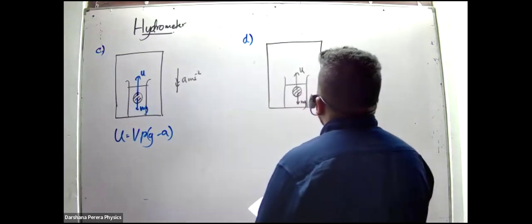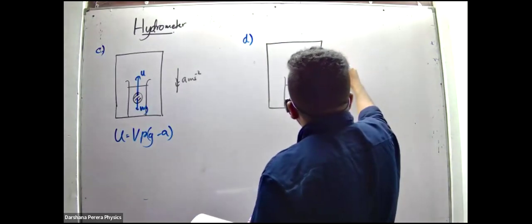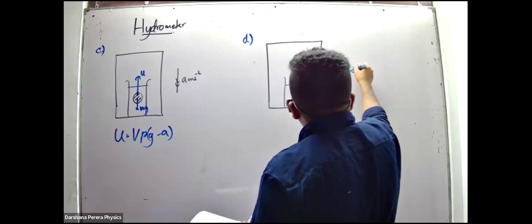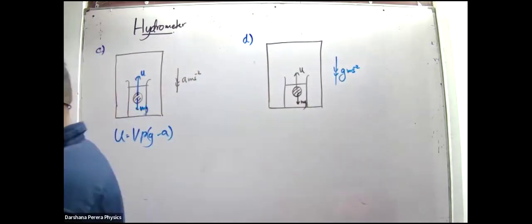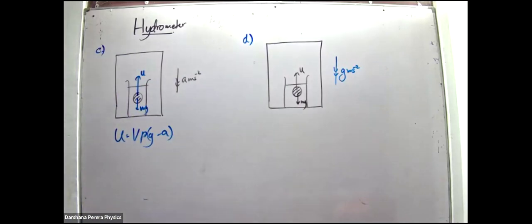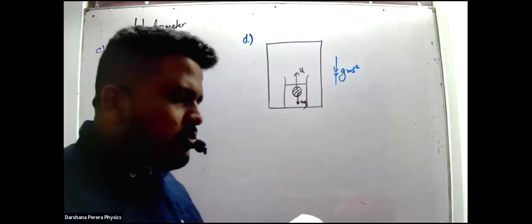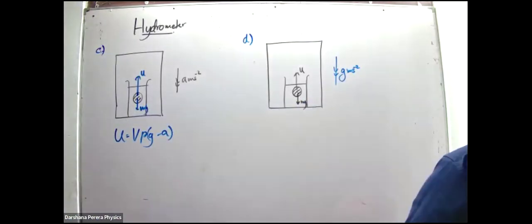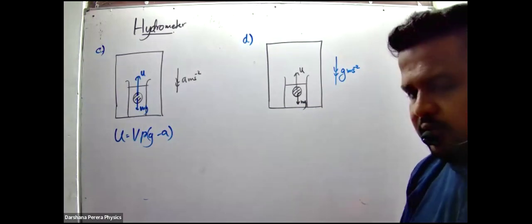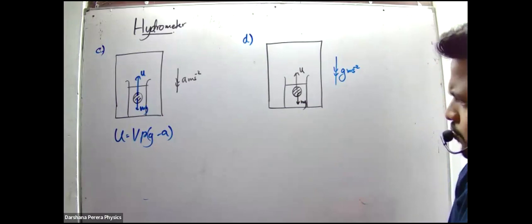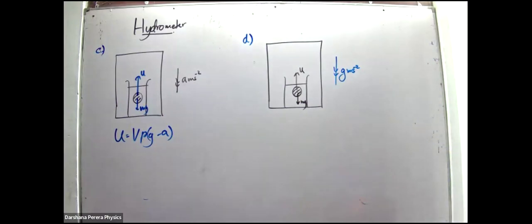Okay. Then write down part D, when it is going with gravitational acceleration. Going vertically downward with gravitational acceleration simple G. Right.